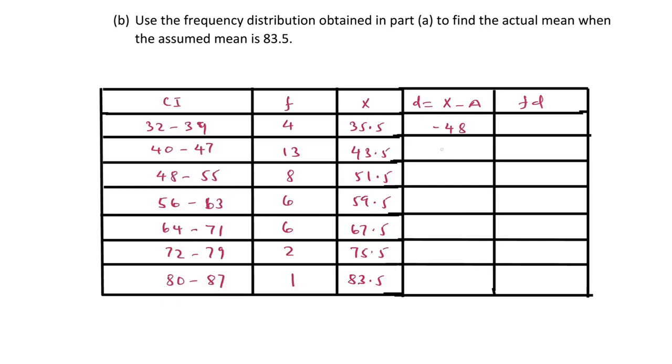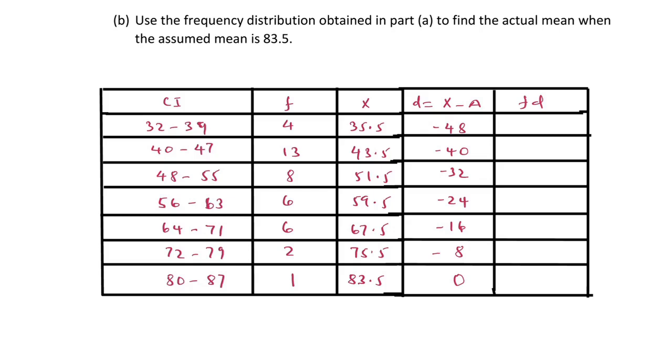Let us now use the same approach to fill the rest. The next one is negative 40. The next one is negative 32. Next is negative 24. Next is negative 16. The next one is negative 8. And the last one is 0.